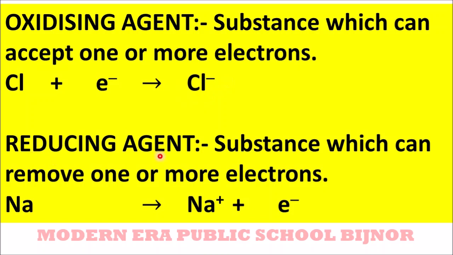Another is the reducing agent: the substance which can remove one or more electrons, meaning it is a supplier or donor of electrons. For example, sodium supplies the electron and becomes positively charged, so it is said to be the reducing agent. So an oxidizing agent always accepts electrons, and a reducing agent always supplies electrons. This is the difference between the two substances.